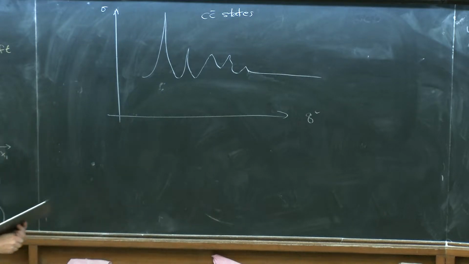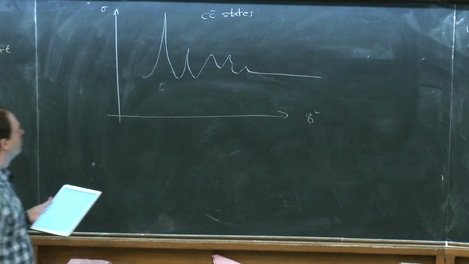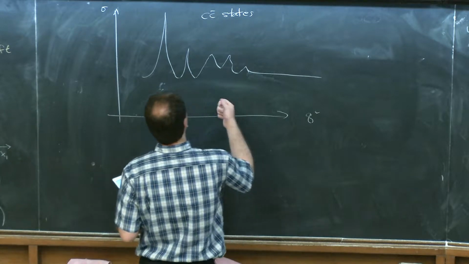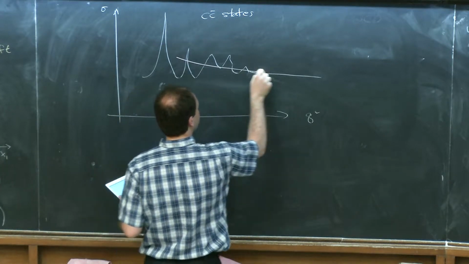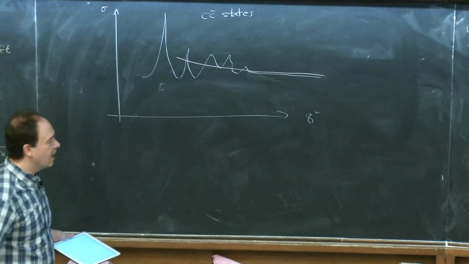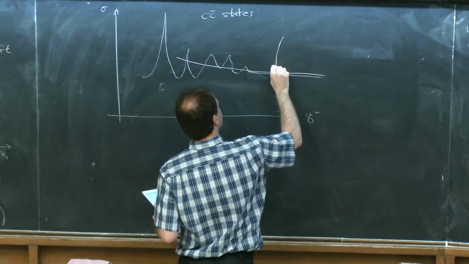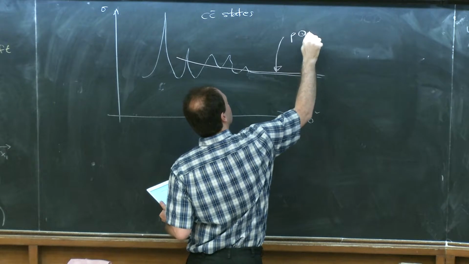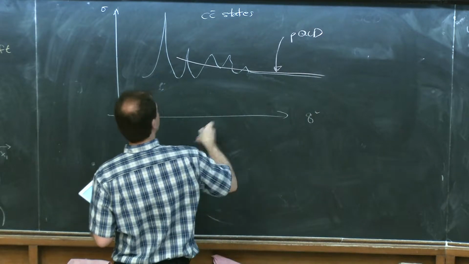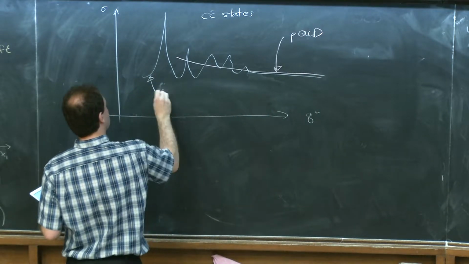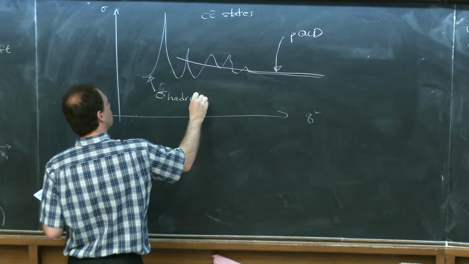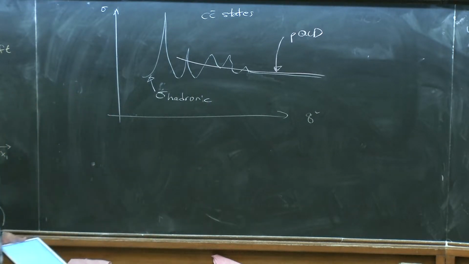And eventually it gets smooth because the number of states is getting so large that the fluctuations are averaging out. And what our perturbation theory result is going to look like is some smooth curve like that. This is PQCD. This is the hadronic cross-section. And so on average, the two can agree.